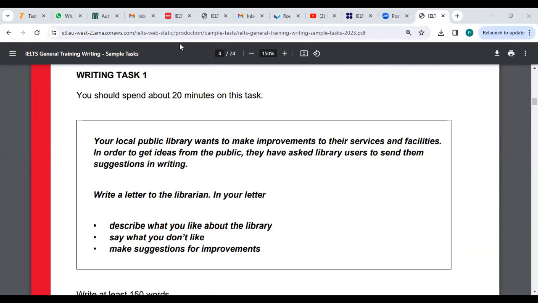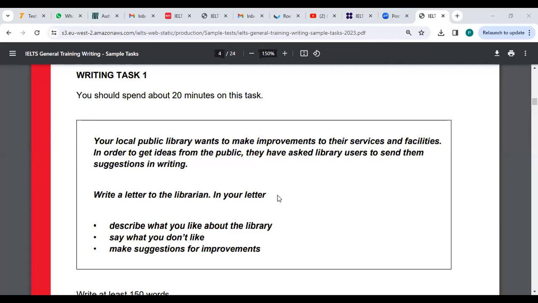Let's see who can read this for me. Alice Dabuo, please read what's on your screen. All right, sir.